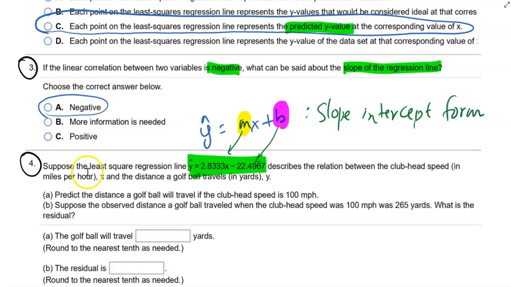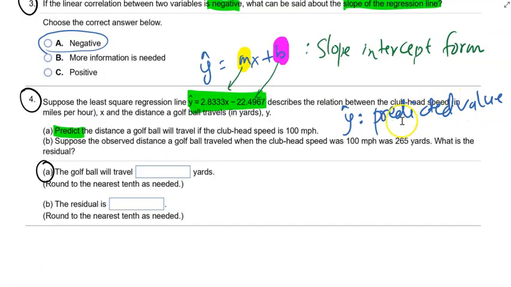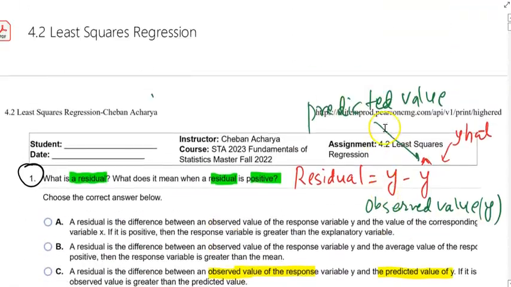And here, the x represents the speed of the club head. You can see the club head speed in miles per hour is x, and the distance the golf ball travels is going to be y. In this equation, y hat is the predicted value as we mentioned before.